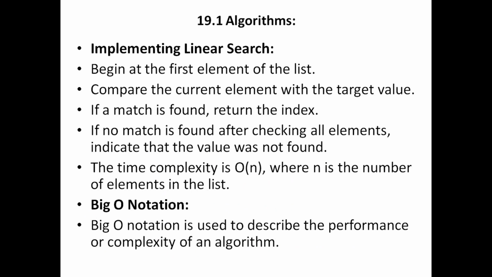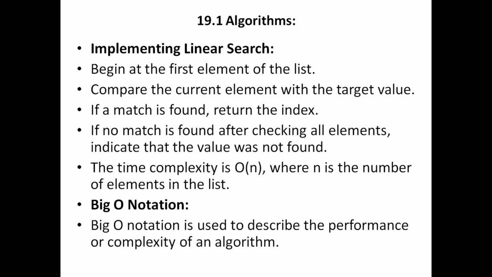Now, implementation of linear search. First, you always start by comparing the first element with your search term, and then if there is no match, you move on to the next element. If there's a match, you stop. The time complexity is written as O(n), where n is the number of elements in the list. So if there are 50 elements, you'll write the complexity as O(50).